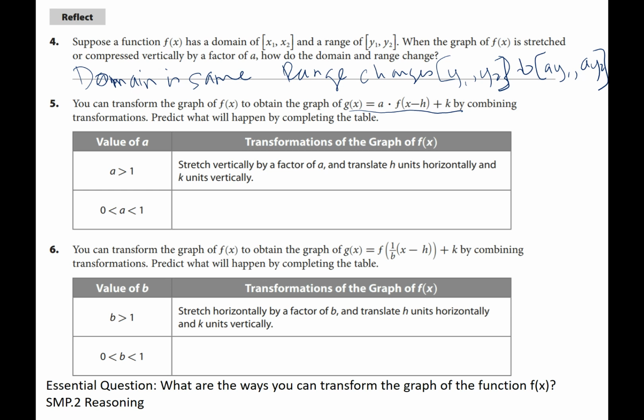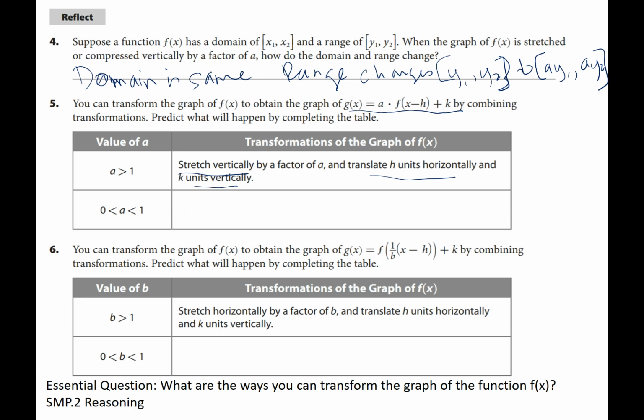So we're going to combine transformations and predict what will happen by completing the table. This is summarizing our explore. When a was greater than 1, we stretched vertically. It's still going to translate h units horizontally and k units vertically. That's what the h and the k do, the translations, which is what we learned in the first explore.